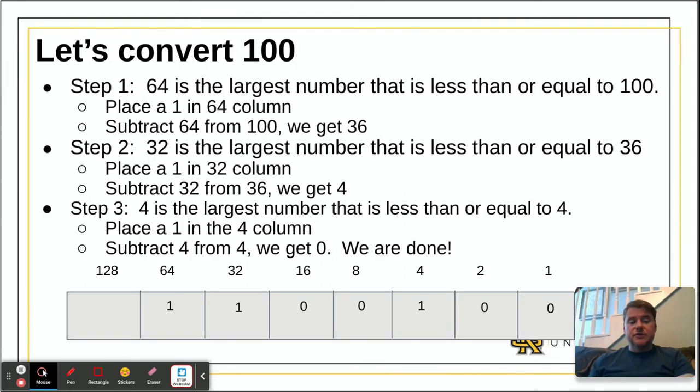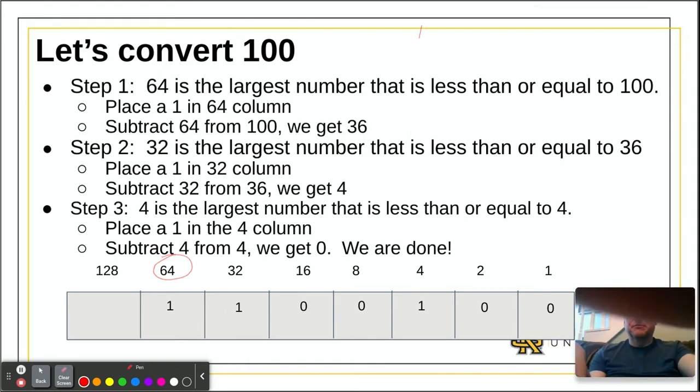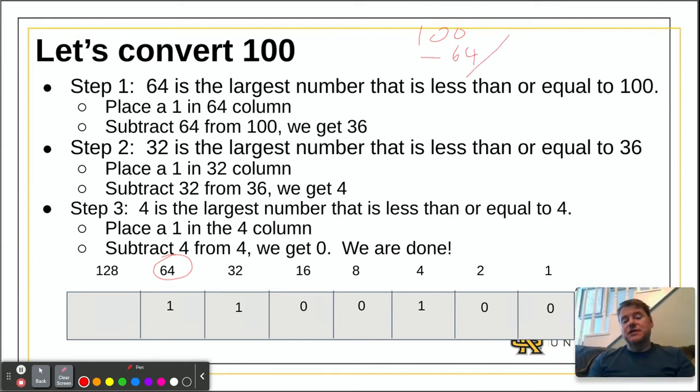Okay, so let's start off with 100. So when we draw out our box, we look for the first number that is less than or equal to 100. And the answer to that was 64. So we stick a 1 in the 64, and we had 100 at the beginning. And we're going to subtract 64 from it, and that's going to leave us with 36.